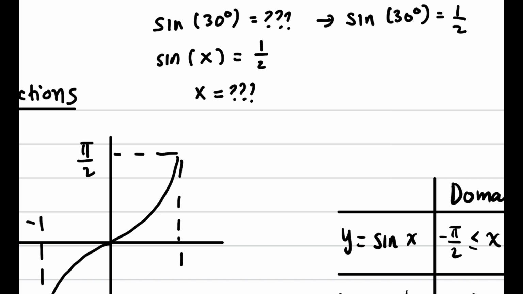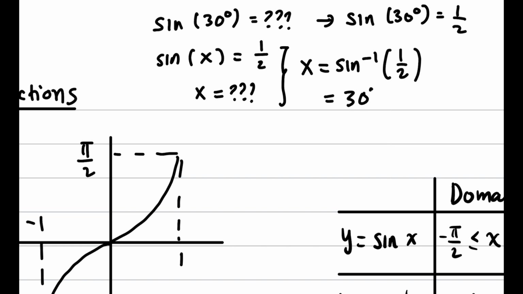Well, you can check the table for sine of what value equals half, or if you forgot or the value is not on the table, you can use something called the inverse trigonometry function. It's the inverse function of sine x, and also cos and tangent later. You can write it like this: x equals sine inverse 1 over 2. And then use a calculator to get 30 degrees, which is the value.